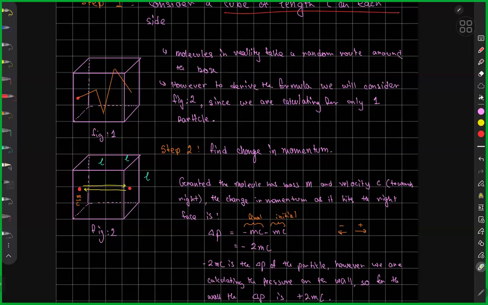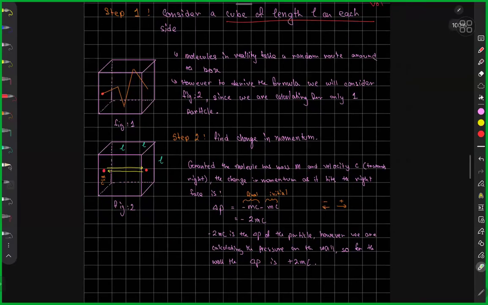If I just have one particle inside and it's not colliding with multiple other particles, I can simply model the entire motion as a straight line. Are we agreeing with this assumption? It takes a straight path, hits the wall, comes back.